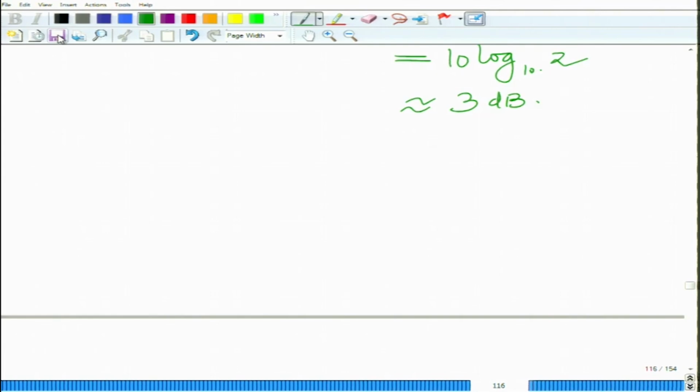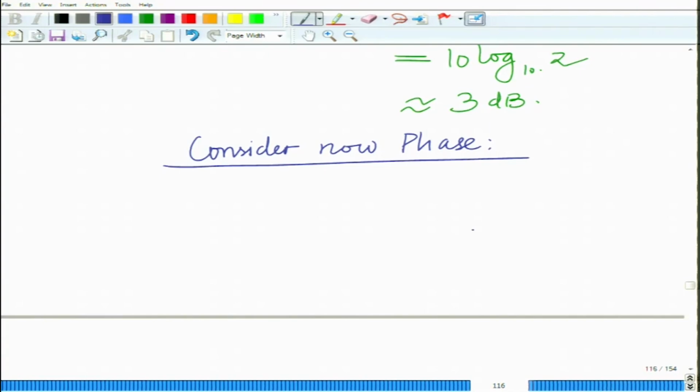So, if you look at this quantity, consider now the phase. Now, the phase of this is theta H equals angle of 1 plus j omega over 100, where 100 is the corner frequency.